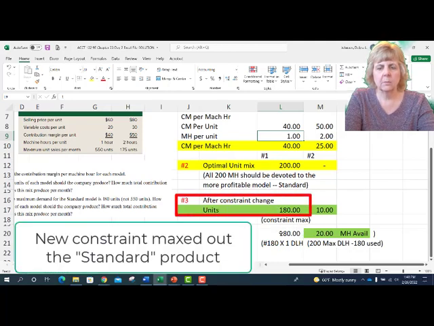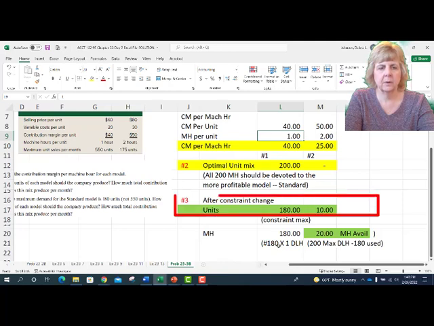So we used up 180 machine hours. That means we had 20 hours left to use. Since each of the second model takes 2 hours to make, we would only be able to make 10 of those.